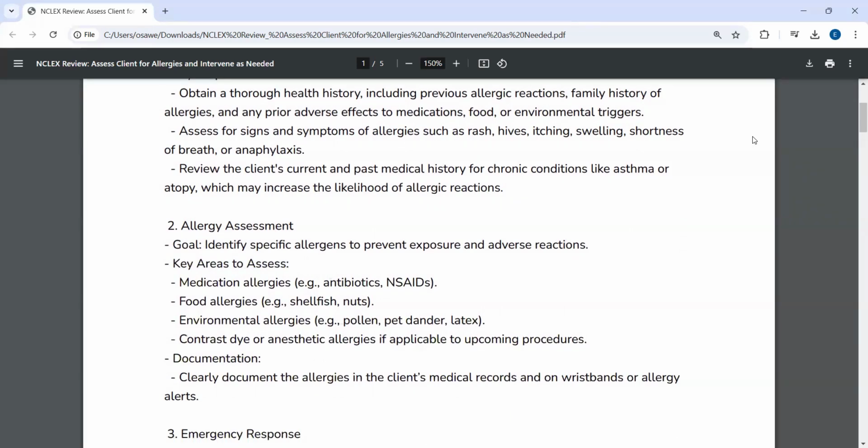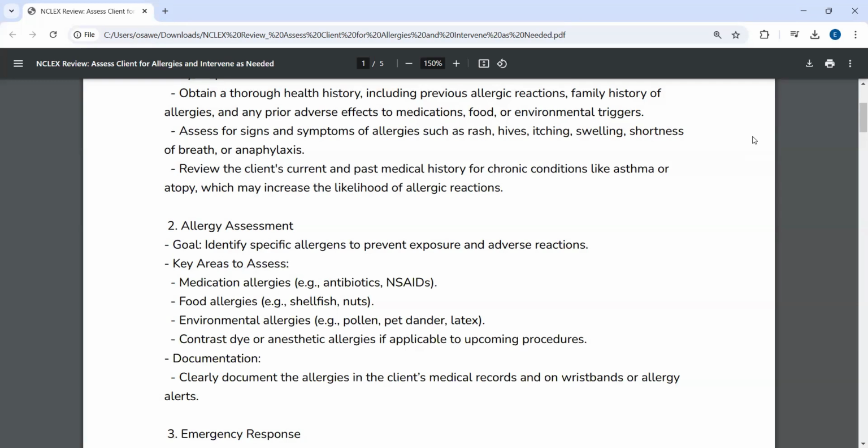Number two, right here, we have allergy assessments, right? As far as I'm concerned, the key areas you should focus on are medication allergy, food allergy, environmental allergy, contrast dye, or anesthetic allergies. You need to know that, right? Medication allergies such as antibiotics, NSAIDs, and so on and so forth, right?